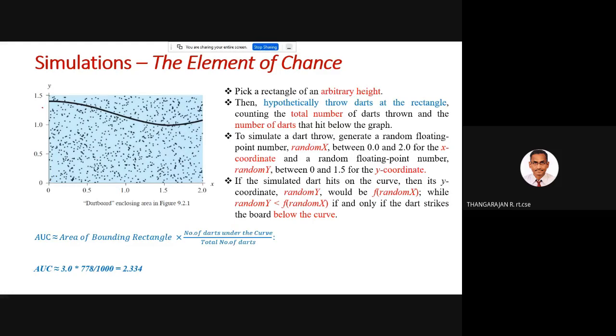The height of the rectangle is 1.5 and the length is 2. So now you know the area of the rectangle: 2 into 1.5 is 3. The area of the rectangle is 3 units square.